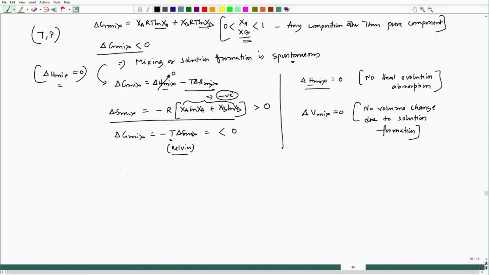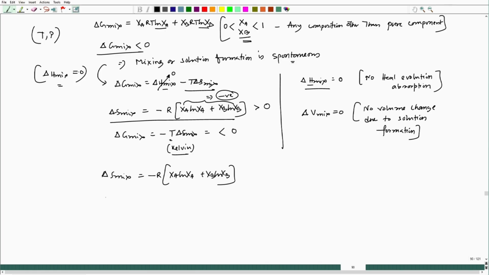Now, we have seen that delta S mix equal to minus R (xa ln xa plus xb ln xb). This can be proven from another route.